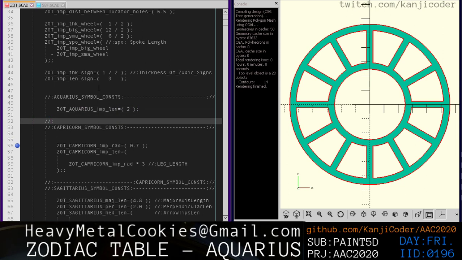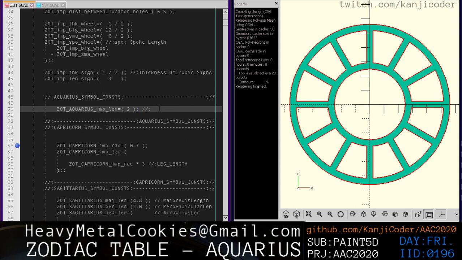The idea, and why we only have length, and we're not calling it wavelength or some other length, is if there's not going to be any other length variable for the Aquarius symbol, then we don't want to be overly verbose. We want to be no more specific than what is required to uniquely identify the data we're working with, to avoid being overly verbose.